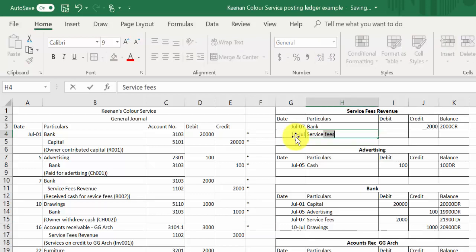Service fees, there we are. I've got to put the cross-reference to it, which is accounts receivable GG Arch. It's on the credit side for $3,000. So you can see now we've got $5,000 worth of credits in this account. So I've done that one now.